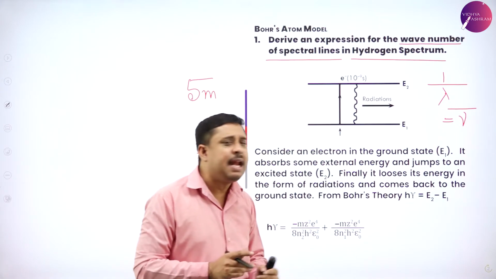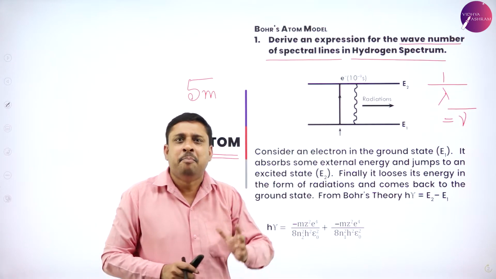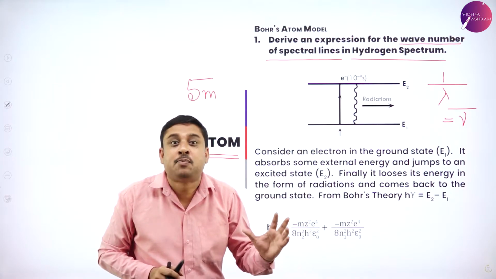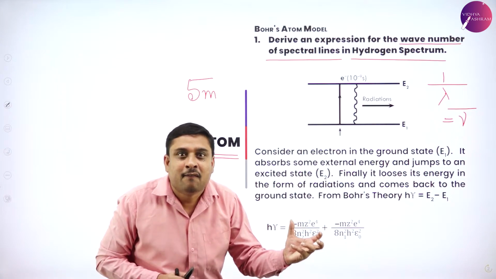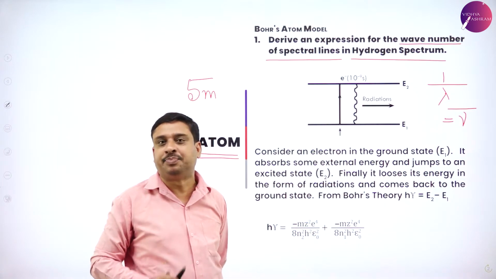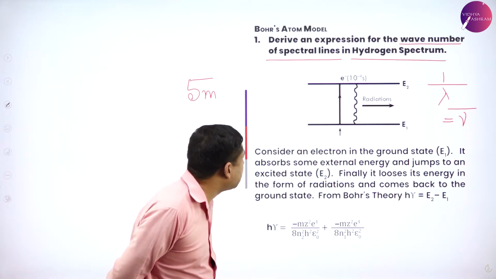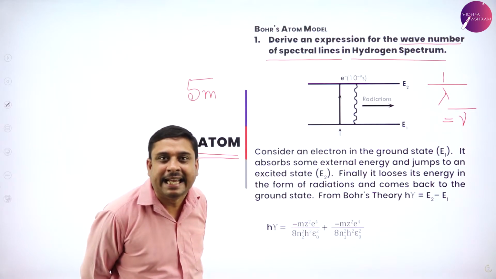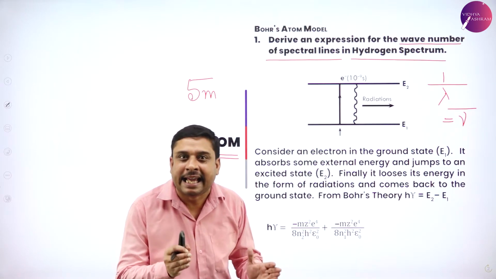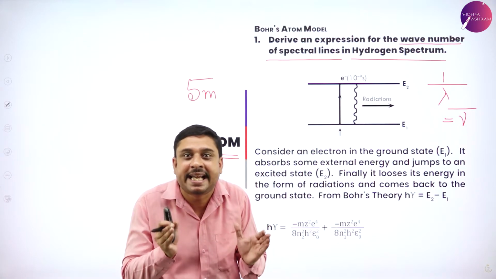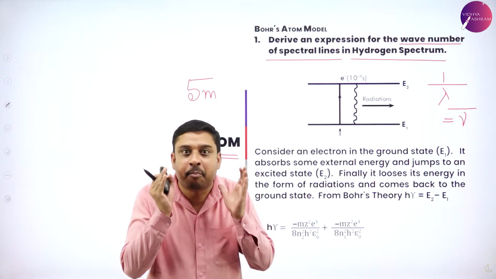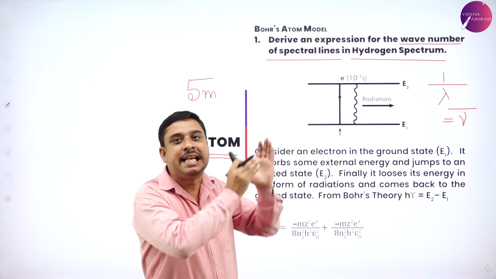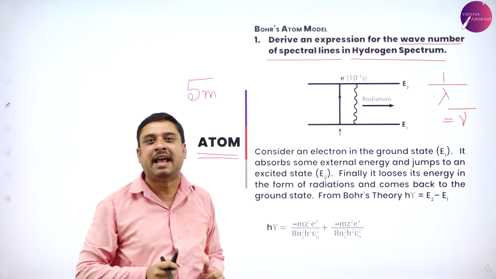Then, what is a spectral line? Many a time we have used this word spectral lines with respect to a spectrum. So what is a spectral line? A spectral line is a line which indicates the jumping of electrons from one energy level to another energy level.